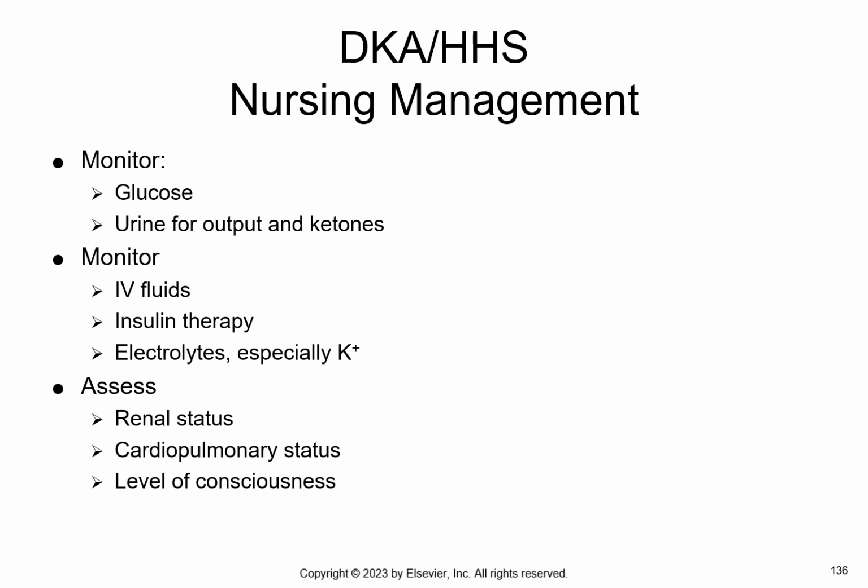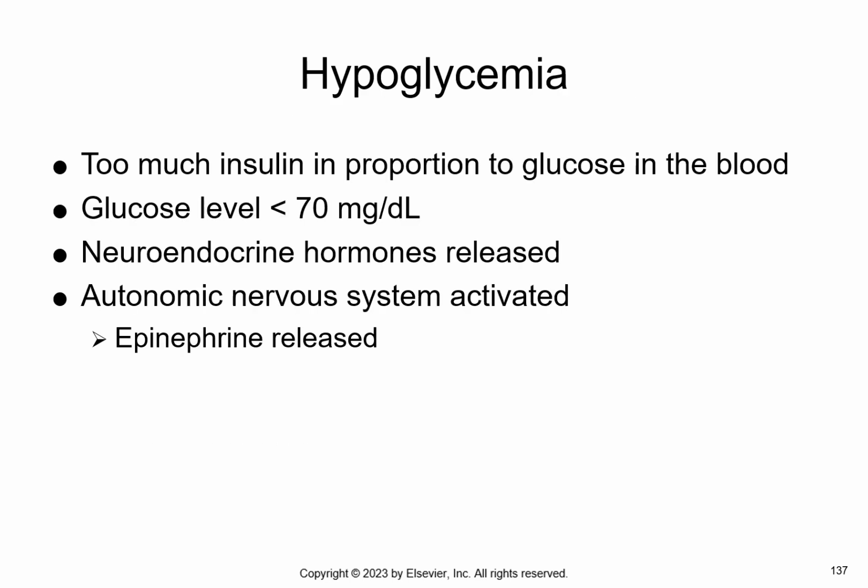So we need to make sure that we're monitoring them because potassium is moving into the cells once insulin is available. The movement of potassium into and out of the extracellular fluid influences cardiac functioning, so make sure that the cardiac monitor is on. We assess renal status, cardiopulmonary status, and the level of consciousness on these patients.